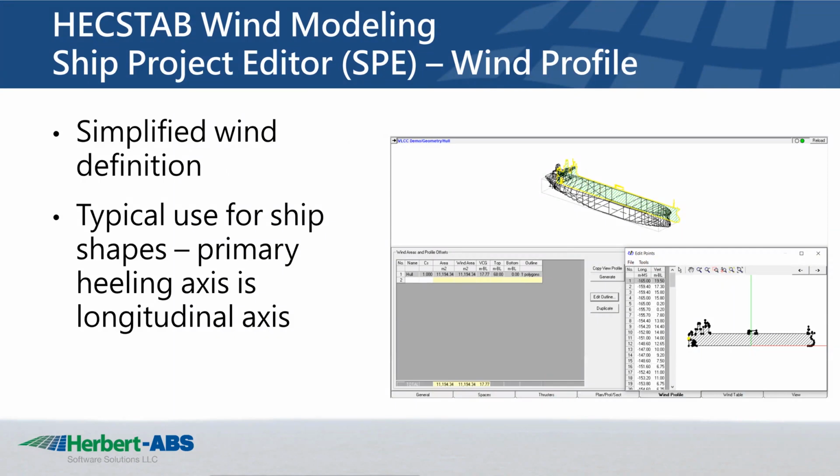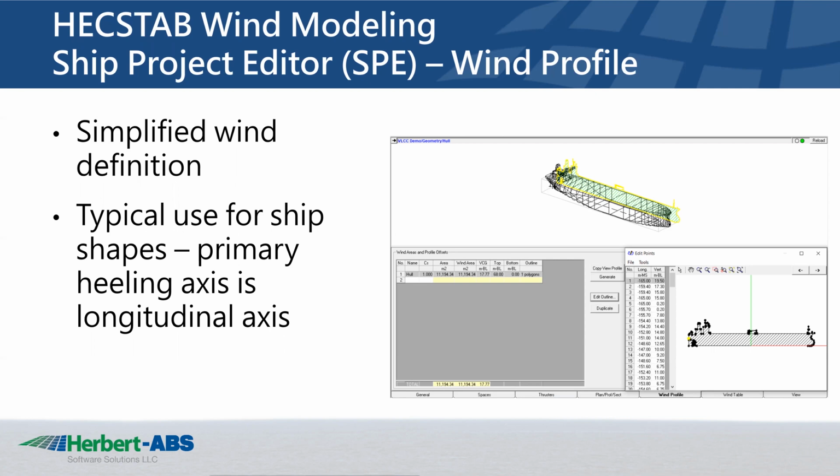So looking at Ship Project Editor, we have three main wind definitions available for ships and offshore structures. The first one here being the wind profile, which is the simplified and most simple wind definition we have available. Basically, we're looking at the vessel transversely and grabbing the exposed profile of the vessel in all the hull compartments that are defined in the vessel spaces.